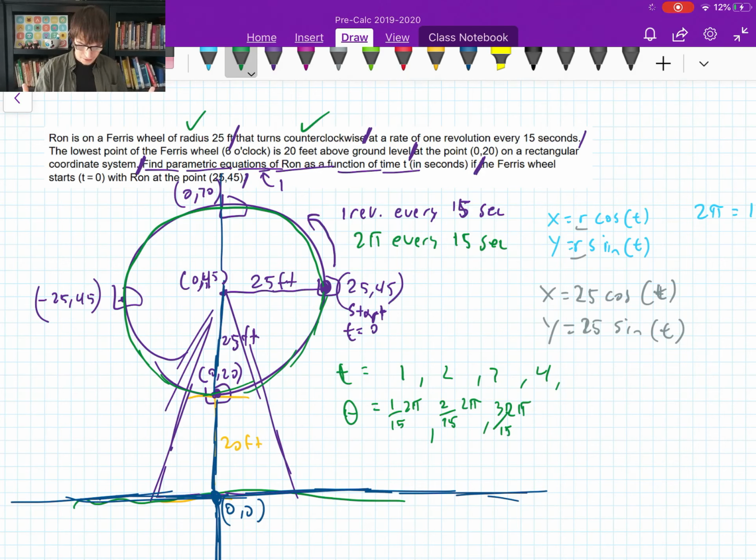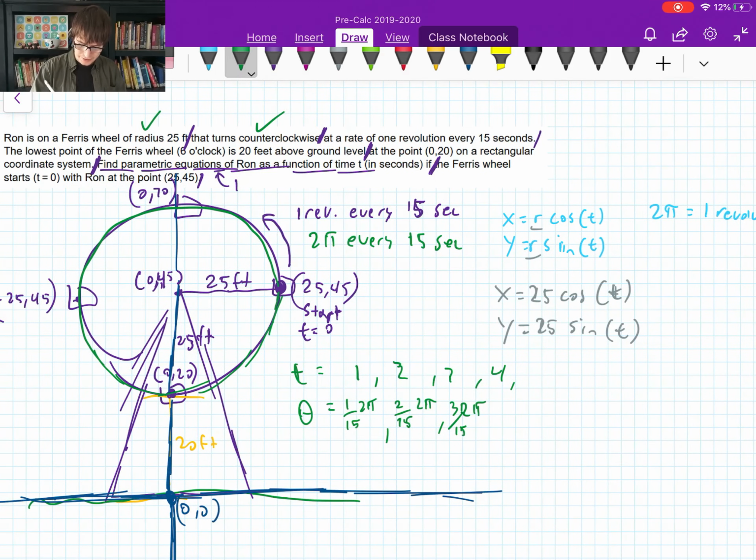Okay. So if I want my angle to do that, then instead of t just being 1, 2, 3, and 4, if I want it to go that slowly, I want t to work in seconds. Then instead of putting just t here on the right, let's change this to t over 15 times 2 pi.